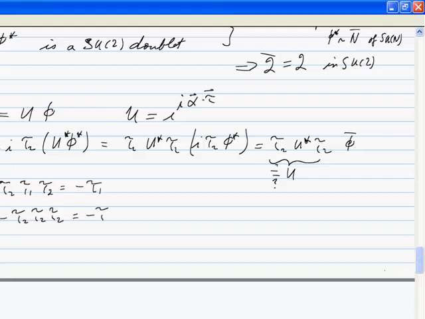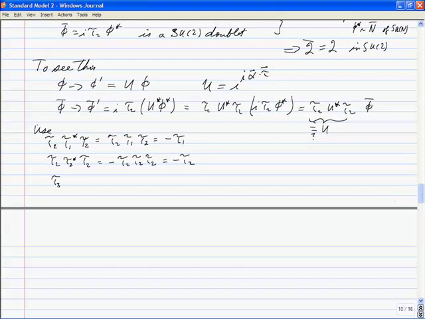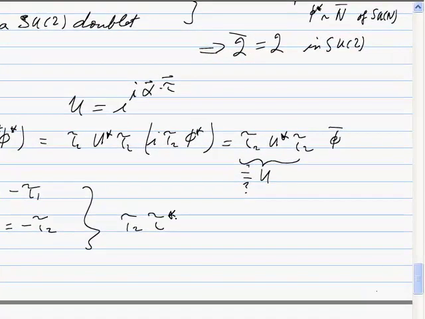So that's also minus tau 2. And tau 2 tau 3 star tau 2, just like tau 1, is minus tau 3. So these guys satisfy tau 2 tau star tau 2 is minus tau.